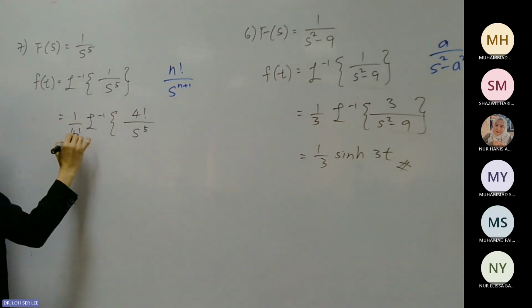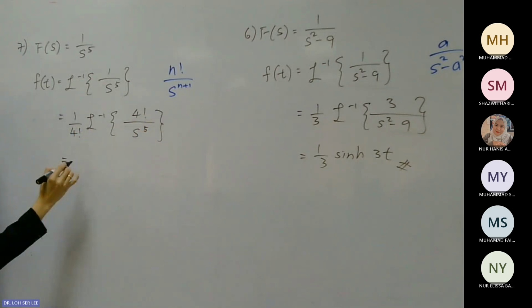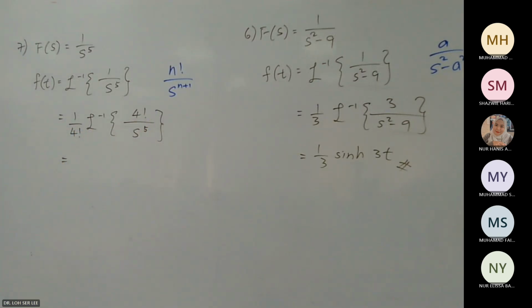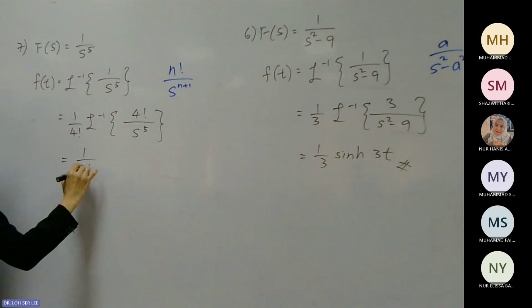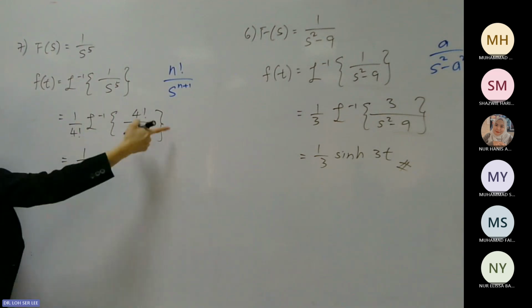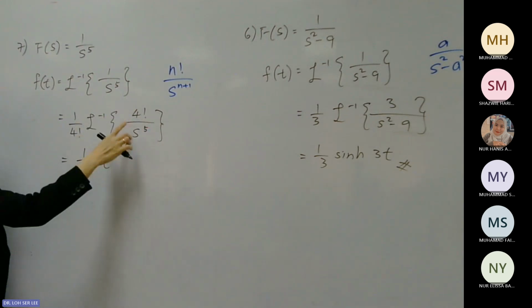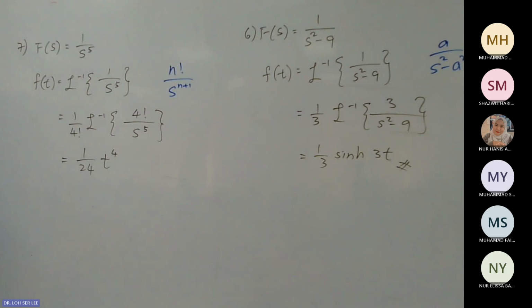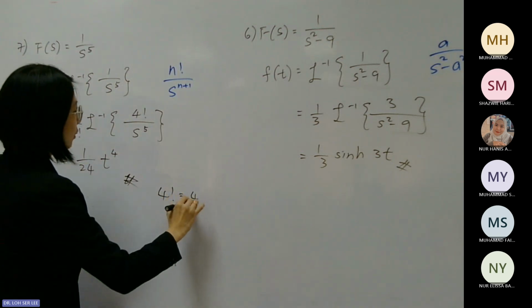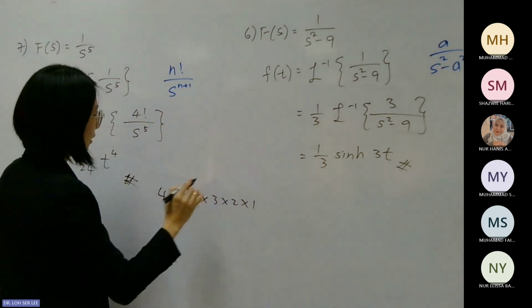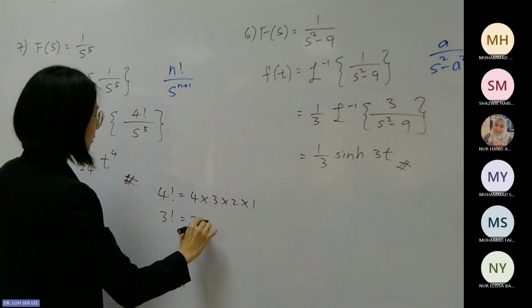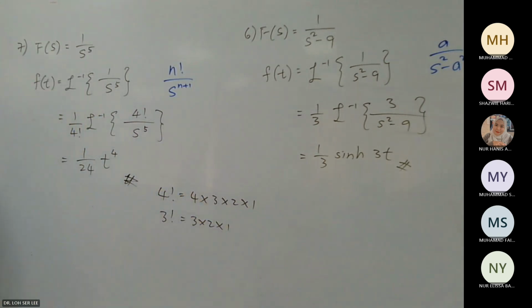So outside 1 over 4 factorial. What is 4 factorial? 24. So this one will be t to the power of 4. Doctor, how is 4 factorial 24? It is 4 times 3 times 2 times 1. 3 factorial is 3 times 2 times 1. You can use your calculator, there's one function.